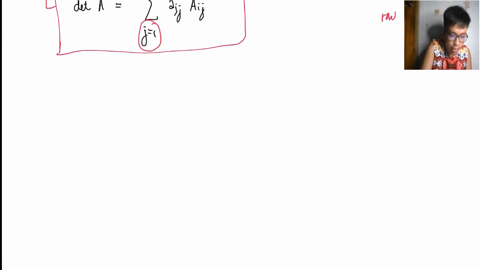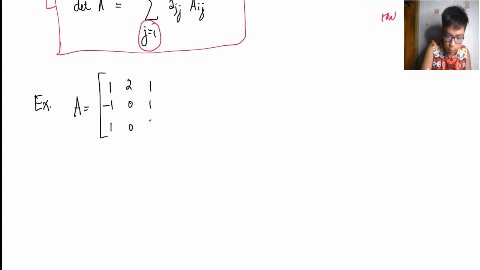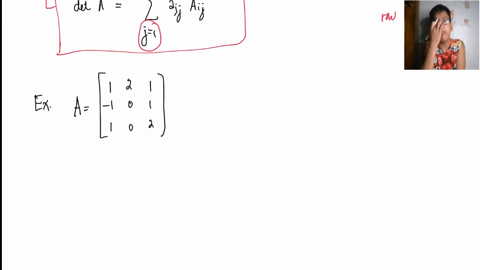Let's say our matrix A is 1 -1 1 2 0 0 1 1 2. We will compute the determinant using the cofactors, but first, to make it more comprehensive, we will solve for the cofactors of A. Let's start with A11.